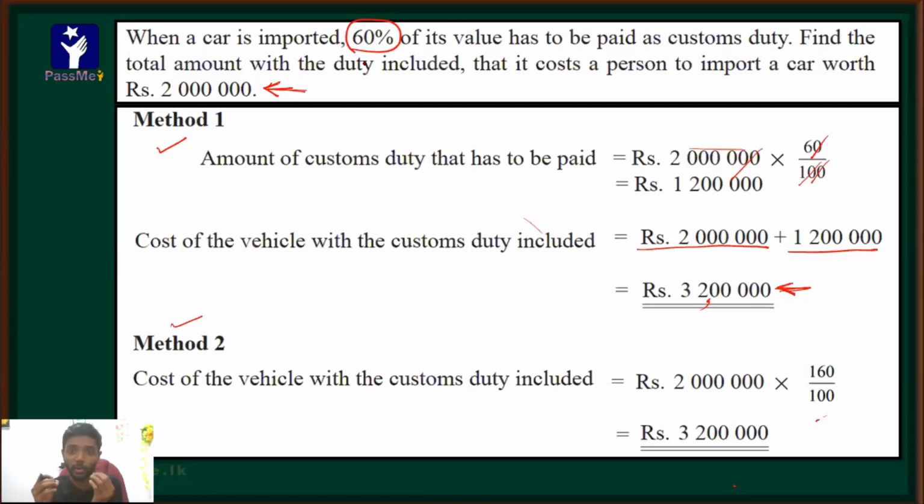You have to pay 160 at the end of the day. 100 for China or whatever the country, and 60 for the Sri Lankan government. So when you add those two values together you get 160, but the actual value is 100. When the actual value is 100, you have to pay 160 from your pocket.